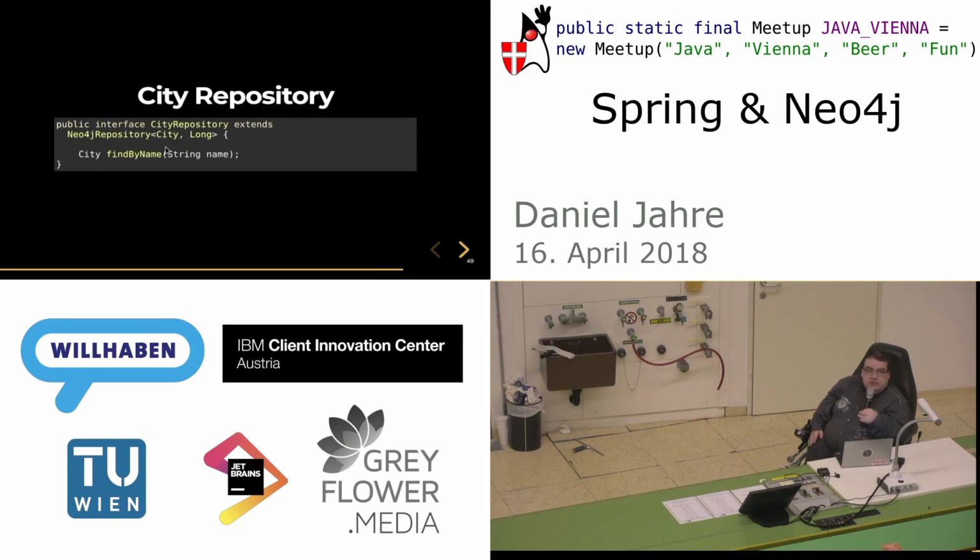This is something you should be familiar with if you're using Spring Data already, and the full Spring magic is kicking in here. So this is an interface, and I write that method as a find by name, and the magic is creating a database query that is matching the entity by the property called name.